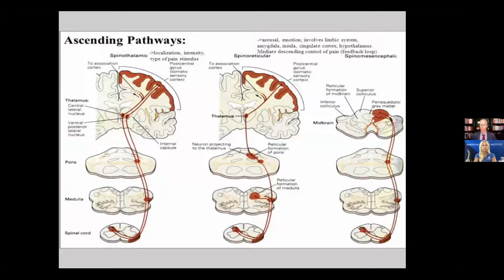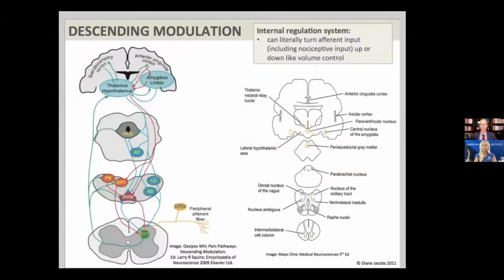Now, I'm not going to go very detailed into the ascending pathways of pain, but needless to say, there's several different pathways, and they all involve the brainstem, and they end up in the cortex. If you notice, in the first two on the left, they both go up through the pons, and in the third one on the right, it goes up through the midbrain. So those are different patterns that get sent up through the periphery.